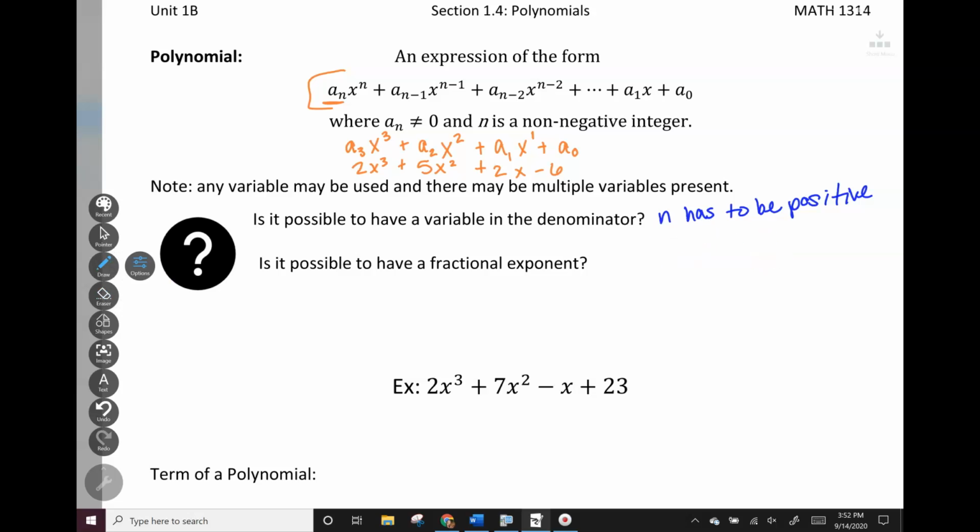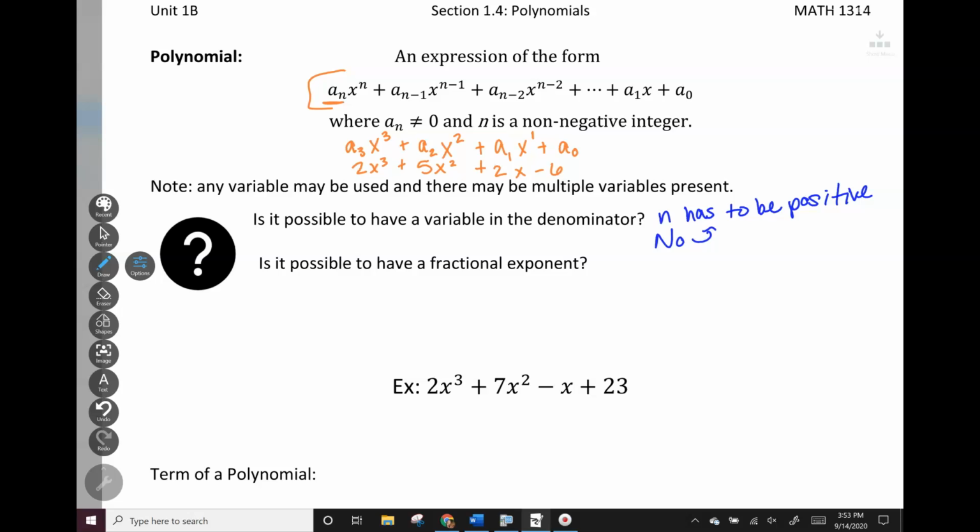The only way you could get a variable in the denominator, according to this definition, would be if you had a negative exponent like that, because that would be 1 over x squared. But since n is not allowed to be negative, you can't have a variable in the denominator. So we would say no, because n has to be non-negative.